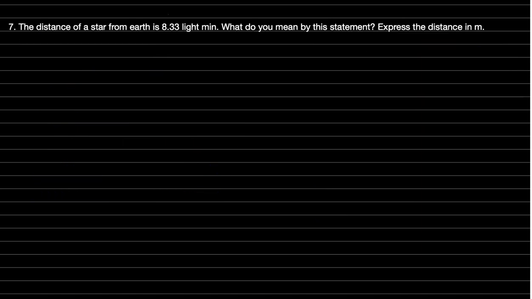Getting to the next question, the distance of a star from Earth is 8.33 light minutes. What do you mean by this statement? Express the distance in meters. So light minute means distance traveled by light in 1 minute.